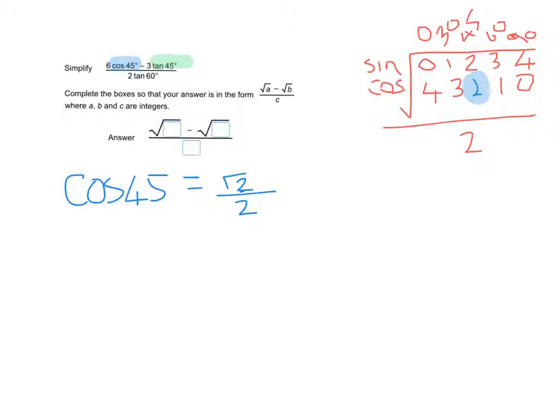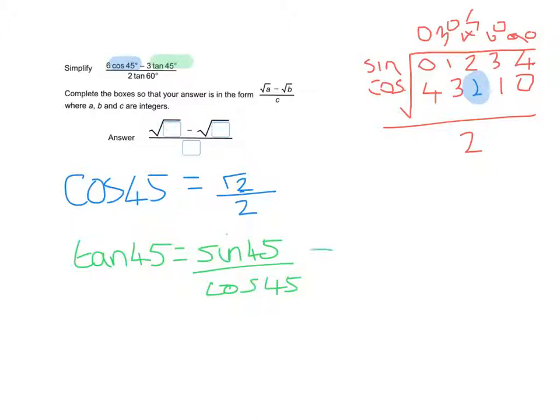Now, tan 45, to find tan 45, that's actually sine 45 divided by cos 45. So I need to find sine 45 first. I've already got cos 45. So sine 45, we're looking at sine 45.